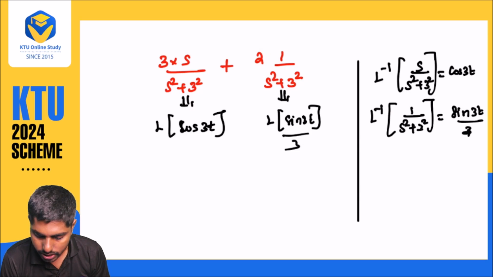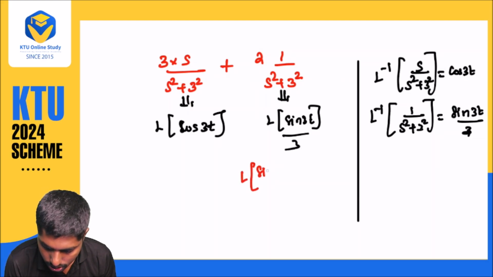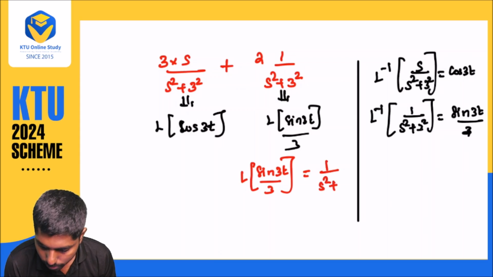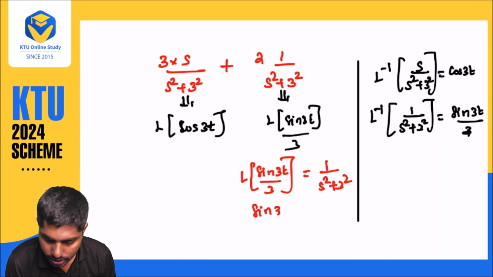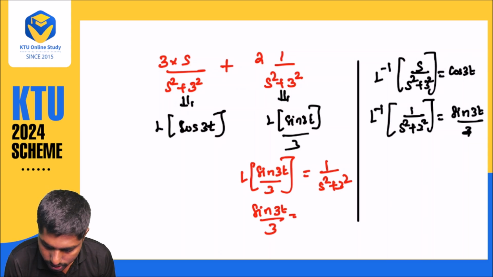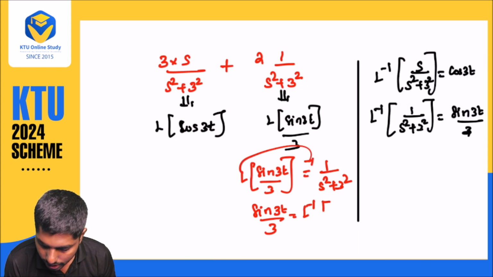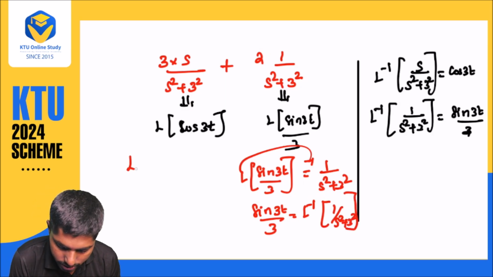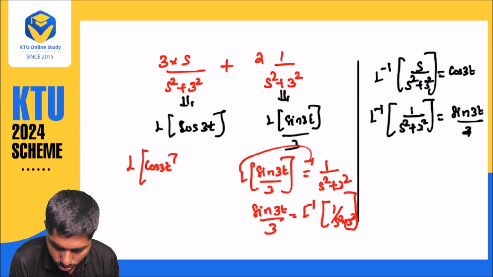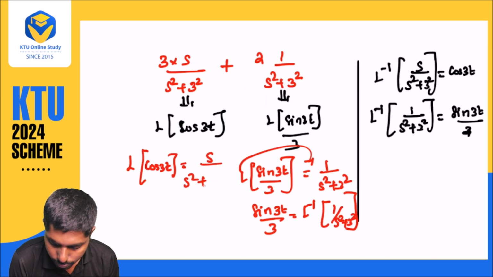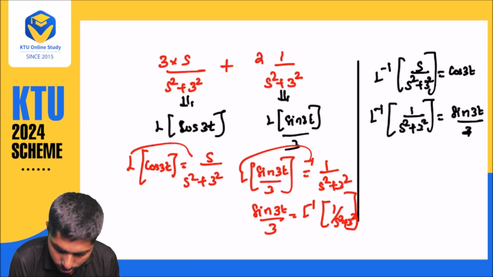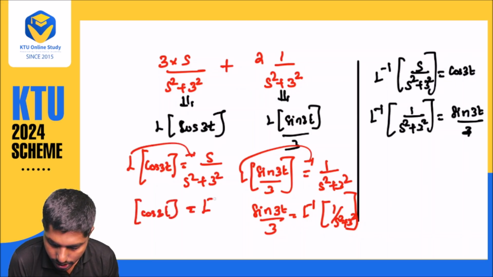So sin 3t divided by 3 is equal to, taking this L to this direction, L inverse of 1 divided by x square plus 3 square. Similarly here also, cos 3t is equal to L inverse of x divided by x square plus 3 square.